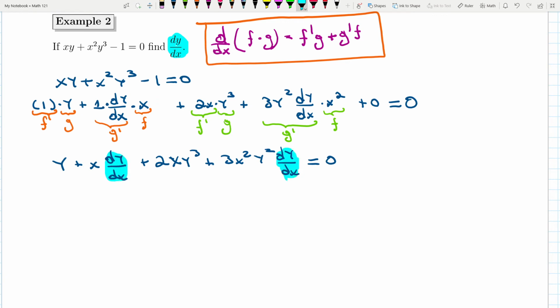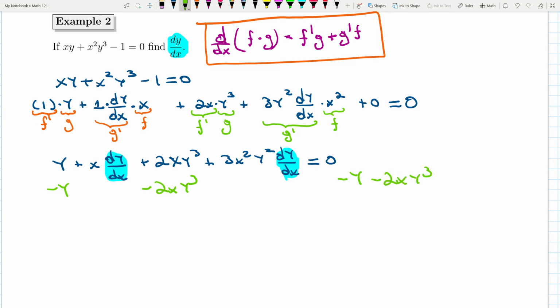Now, because again we want to find dy/dx, we want to solve for this dy/dx. So what we're going to do is move all the terms that do not contain a dy/dx, that is actually only this term right here and that term. Those two terms, I'm going to move them to the right hand side of the equation by subtracting y on both sides, and by subtracting 2xy cubed.